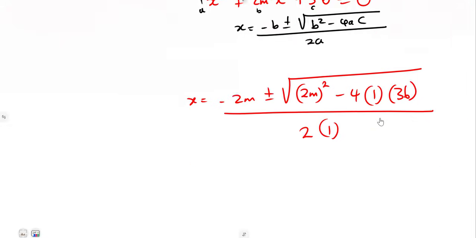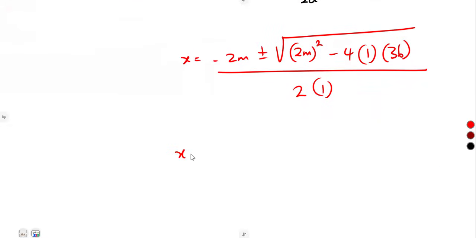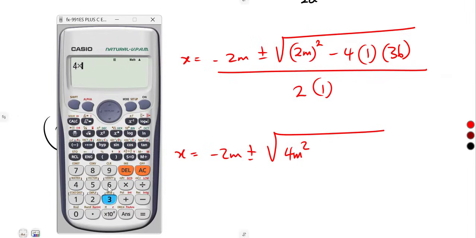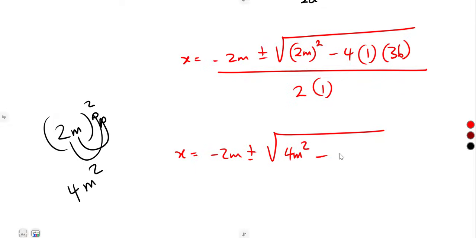All right, so I can simply solve this further. Minus 2m plus or minus, I have to square this, 2m squared. Remember, we have to raise everything to the power of 2. 2 to the power of 2, that's 4. m to the power of 2, so that's 4m squared, minus 4 times 1 times 36. 4 times 36 is 144, but there is a negative, so that's negative 144, over 2 times 1, which is 2.